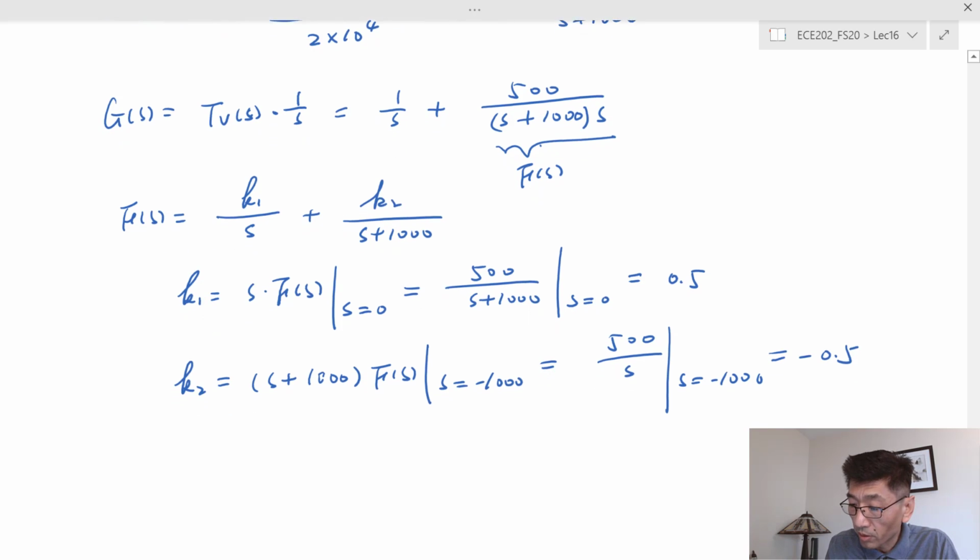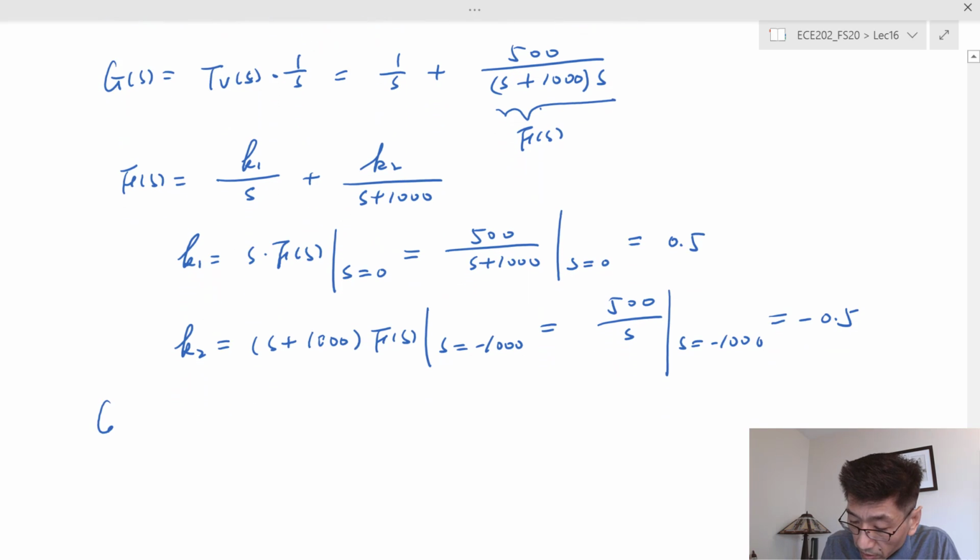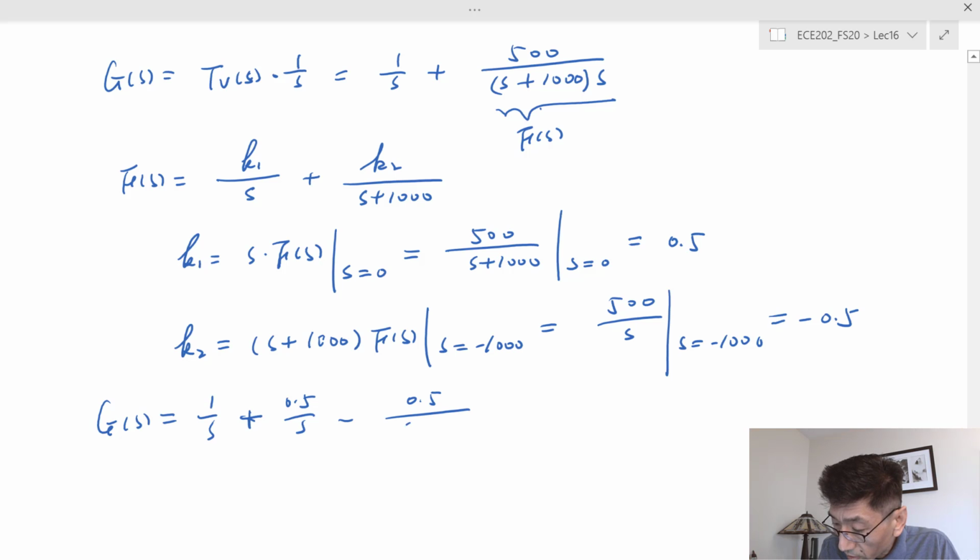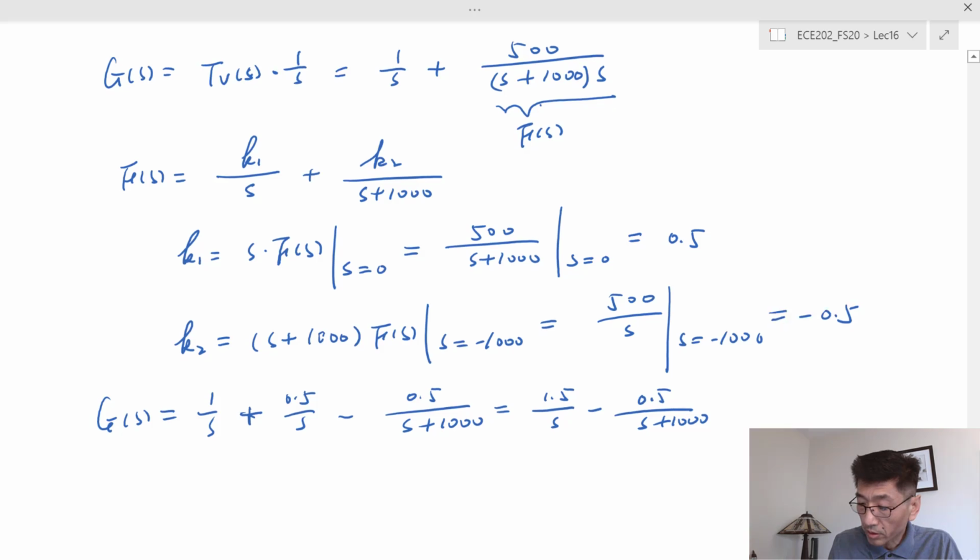So therefore, G(s) is equal to 1 over s plus 0.5 over s minus 0.5 over (s plus 1000). That's equal to 1.5 over s minus 0.5 over (s plus 1000).